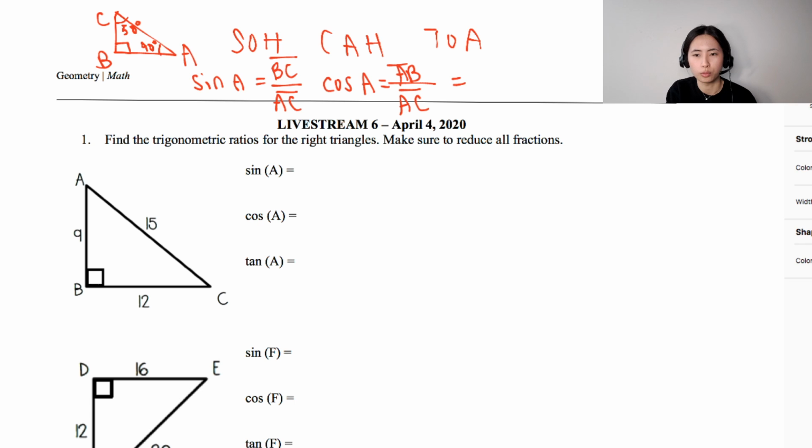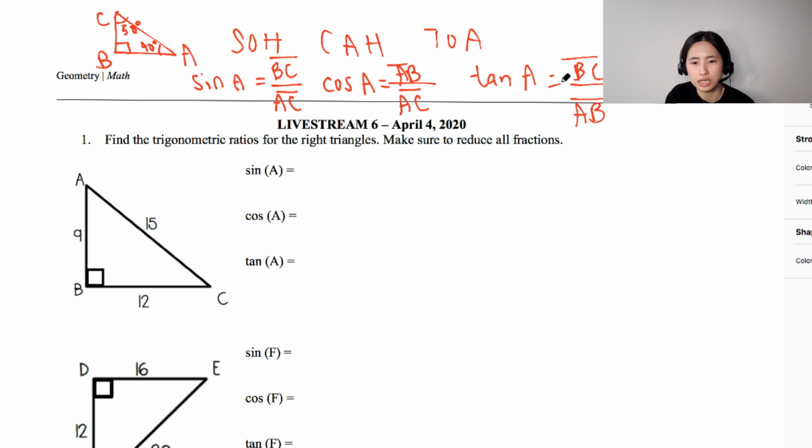So for tangent, as you can see, this is tangent. If we're looking at tangent A, this is going to be opposite. So the opposite side of angle A would be line segment BC, and this is going to be over your adjacent side. So the adjacent side would simply be line segment AB right there.